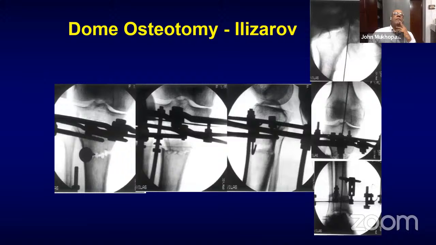So Paley came across and used this reverse dome osteotomy, again using the Ilizarov, where your dome is the so-called smiling dome, where although it is distal to the tibial tubercle, you have the center CORA more close to the joint. Okay, so you need less translation. You still need some translation if you want to maintain the mechanical axis.